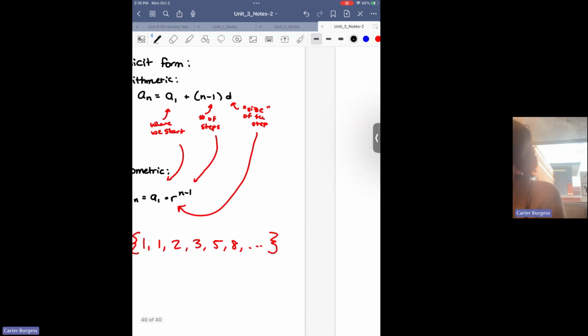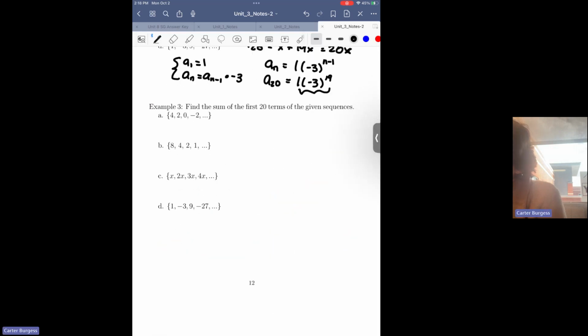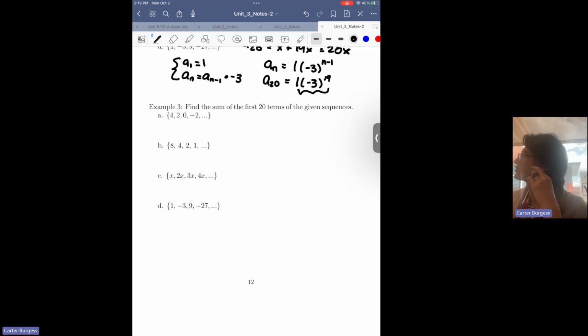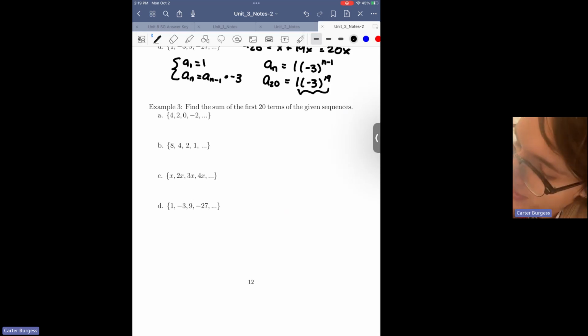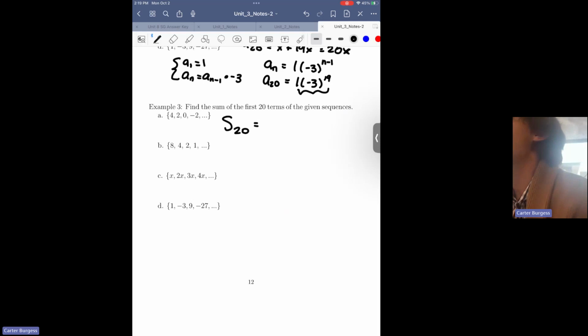All right. So let's take a look at example 3. We're trying to find the sum of the first 20 terms of our sequence. Now for A, we've looked at this one a lot. Is this an arithmetic or a geometric sequence? This is arithmetic. And so we know that S sub 20 should be equal to, how many pairs am I able to make from 20? 10, so that's 20 over 2.